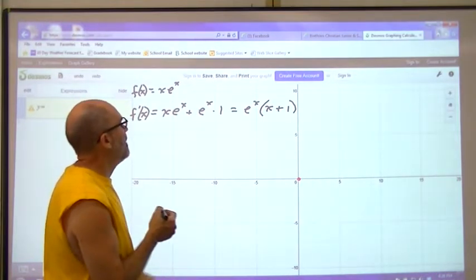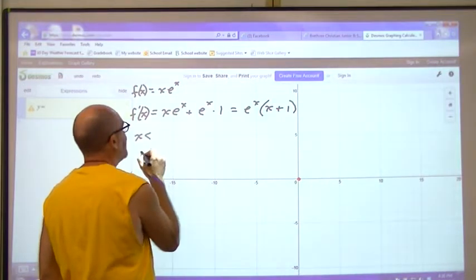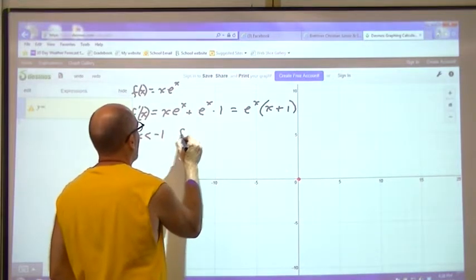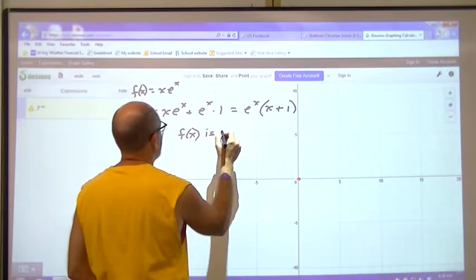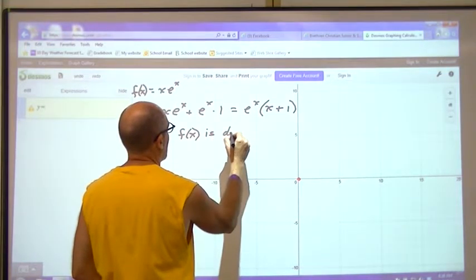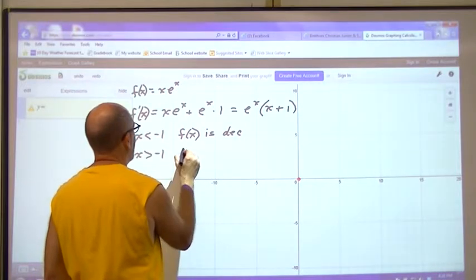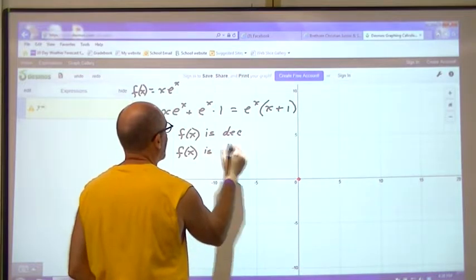So that means for x less than negative 1, f of x is decreasing. And for x greater than negative 1, f of x is increasing.